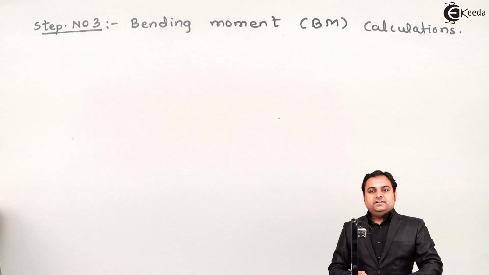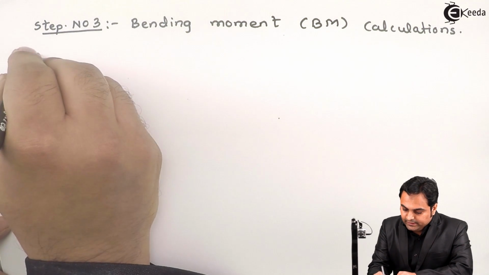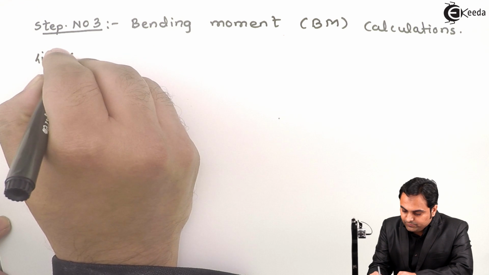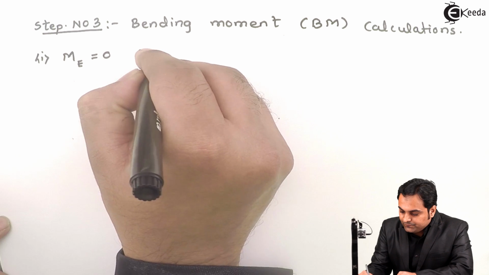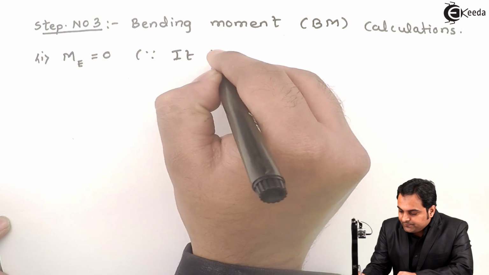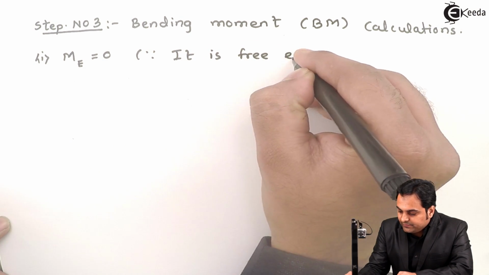It is bending moment, that is BM calculations, and in that first I'll start from the free end, that is moment at point E is equal to 0 since it is free end.